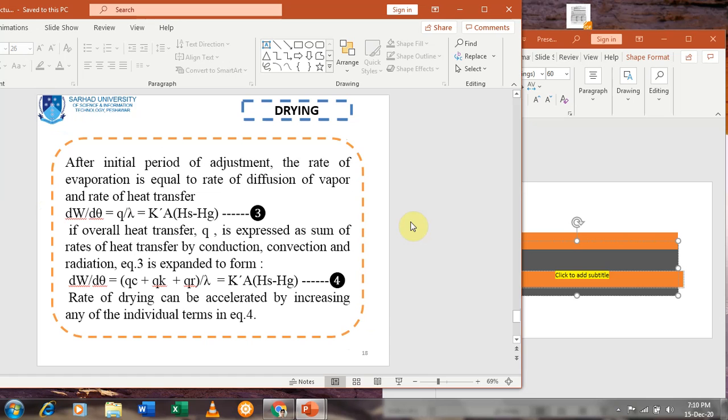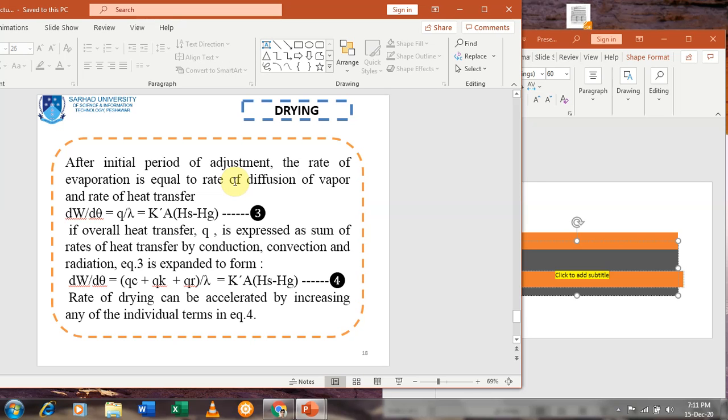After the initial period of adjustment, the rate of evaporation becomes equal to the rate of diffusion.